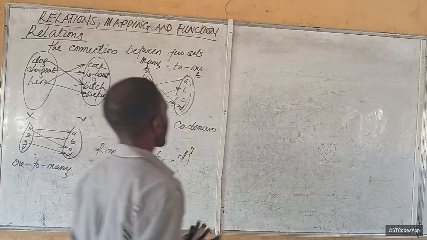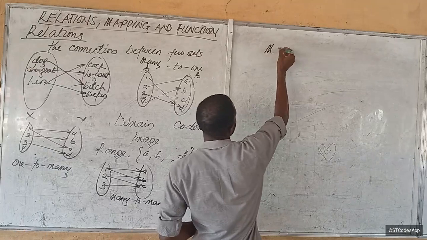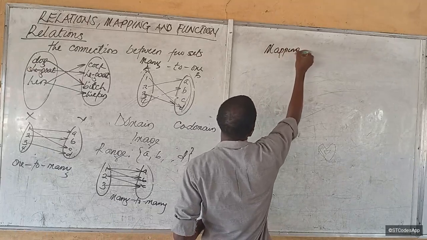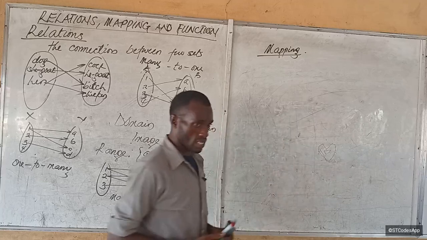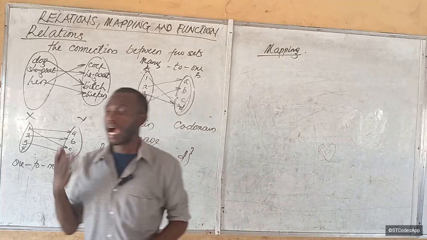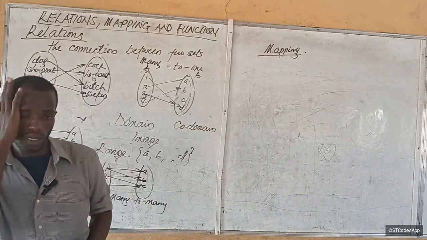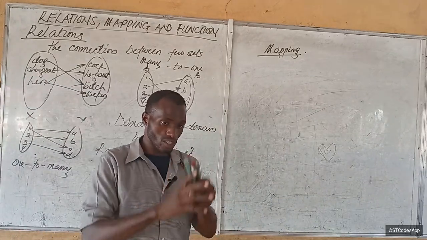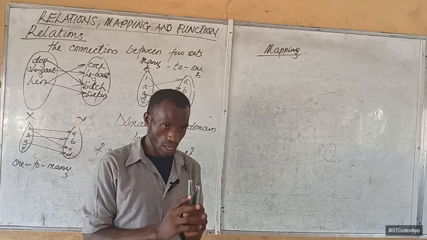But when it comes to mapping, our scope is quite restricted. Is that okay?